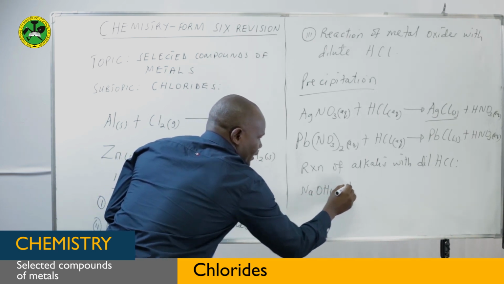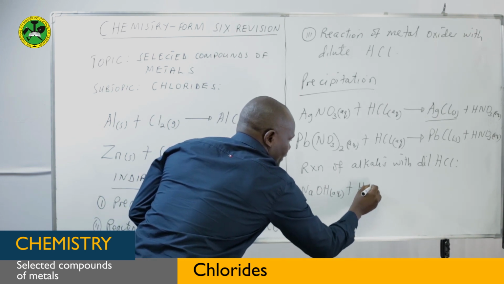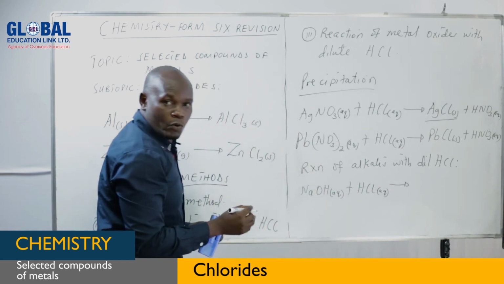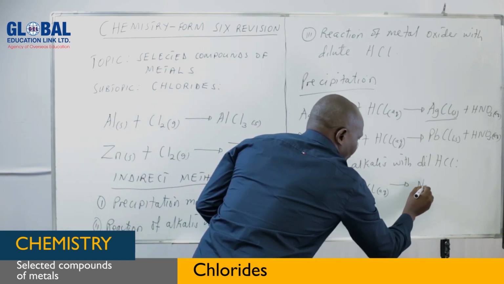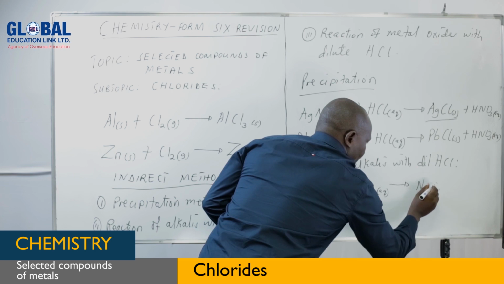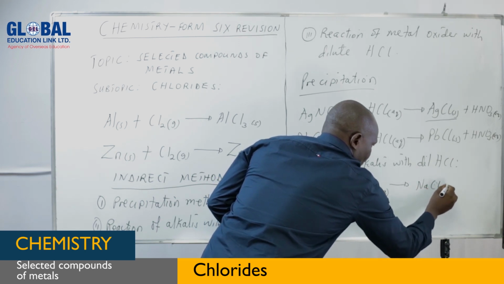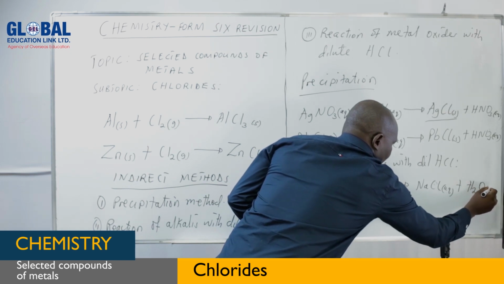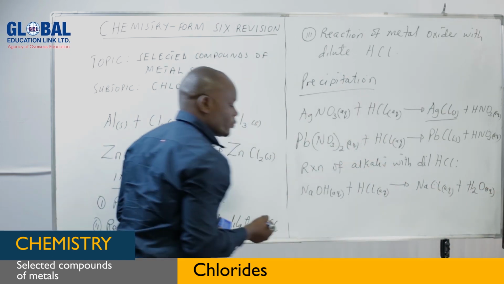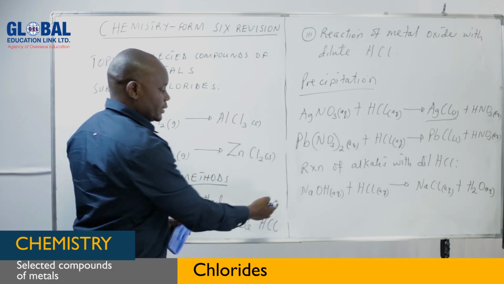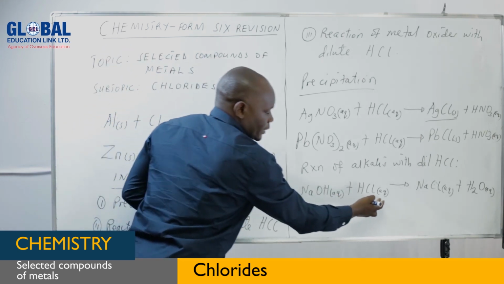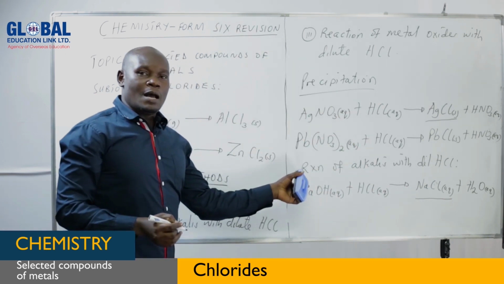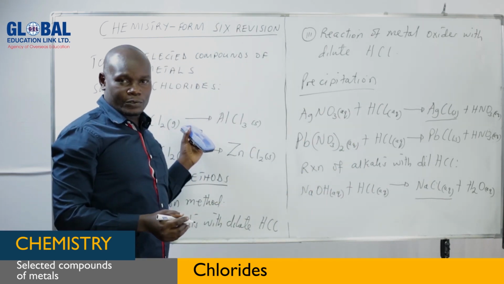When sodium hydroxide is treated with dilute hydrochloric acid, then you get our soluble chloride, which is sodium chloride, plus water. And it is a kind of neutralization reaction. So this is our alkali reacting with the hydrochloric acid. The product is sodium chloride, which is the chloride that we are talking about.